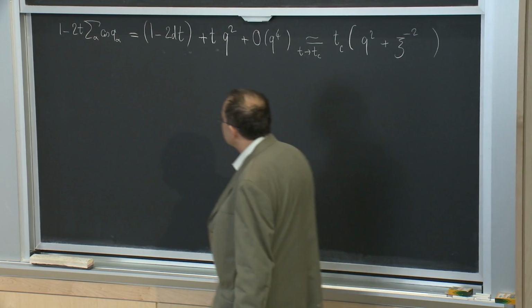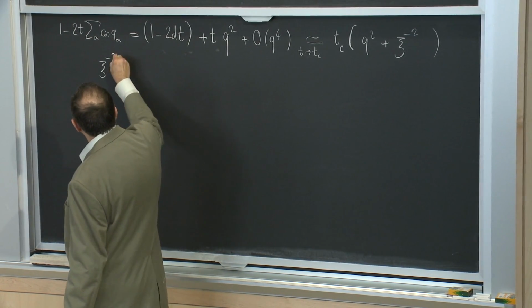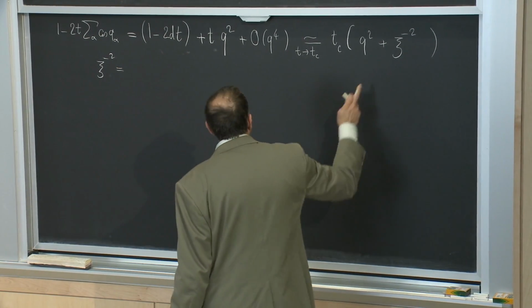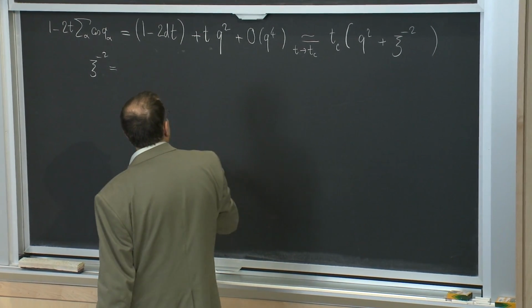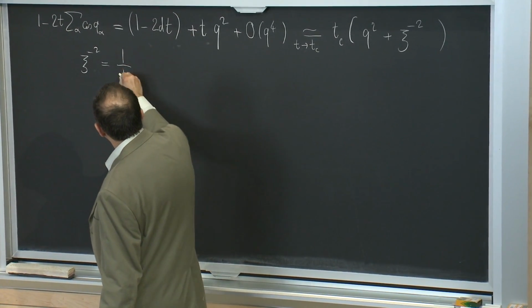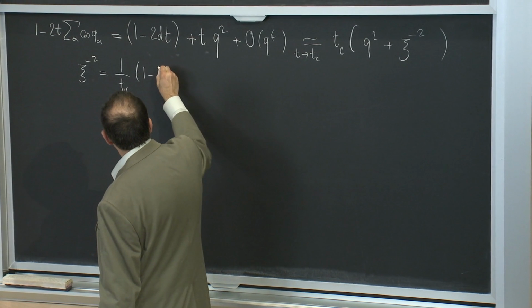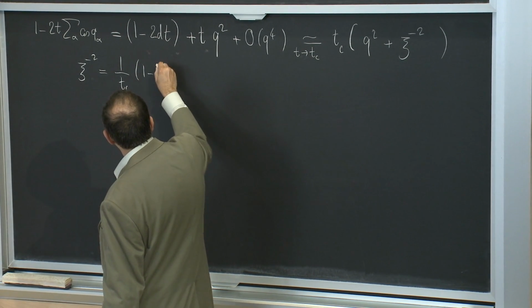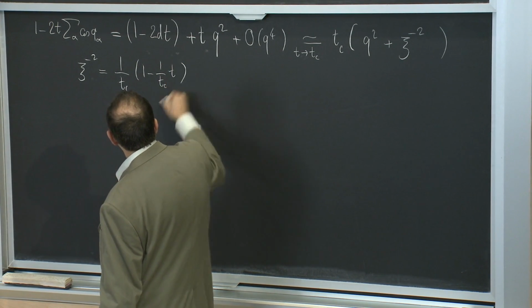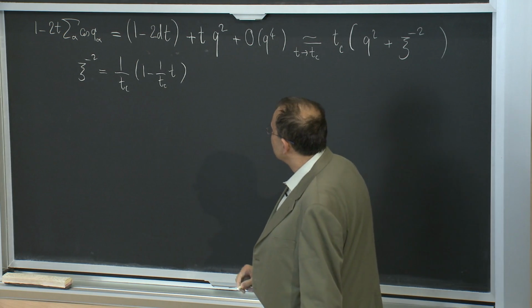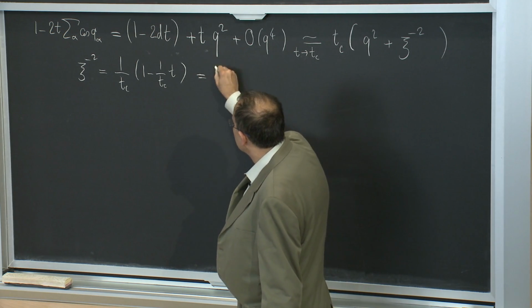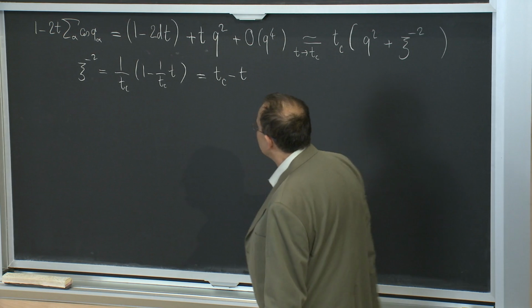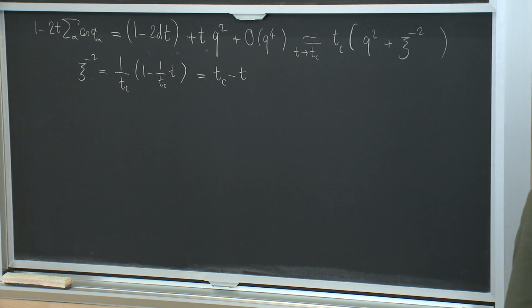You can see that this inverse length squared is going to be 1 over tc, 1 minus 2d, which is 1 over tc times t. So you can see that this is none other than tc minus t.